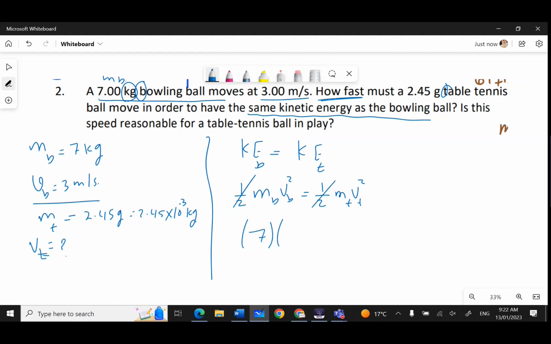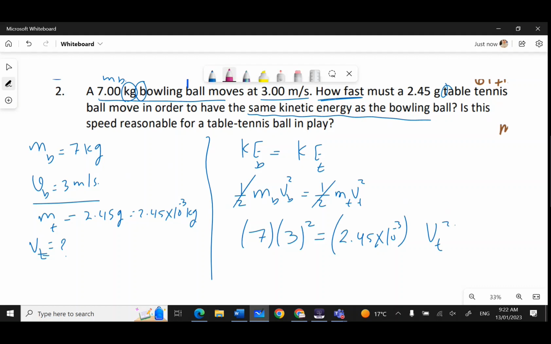Don't put the cross sign. Now V is 3 squared. This will be equal to MT is 2.45 times 10 to the power negative 3 times VT squared.